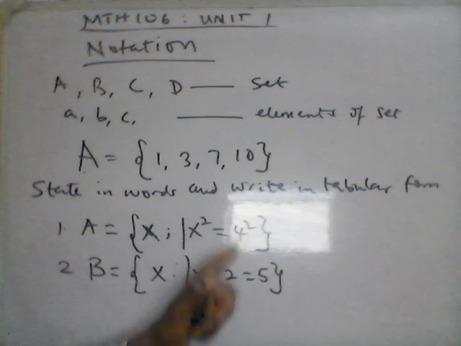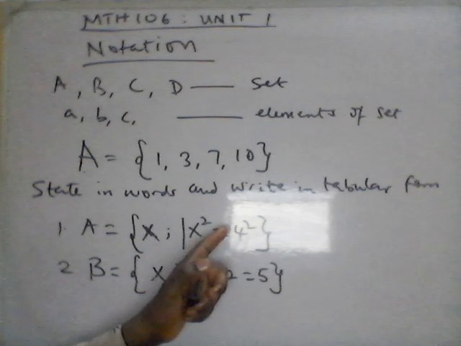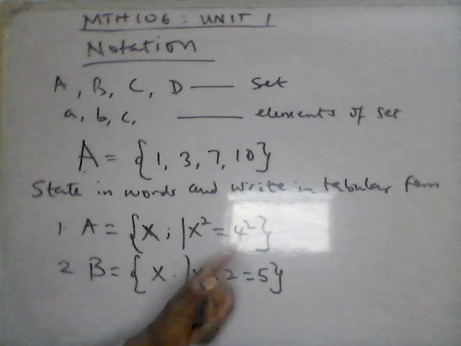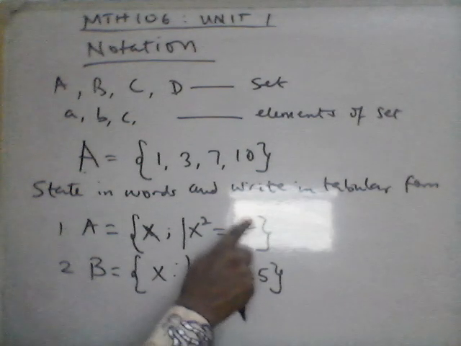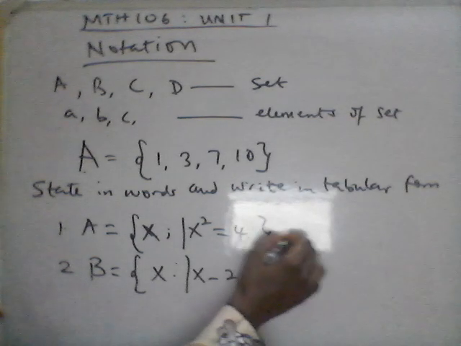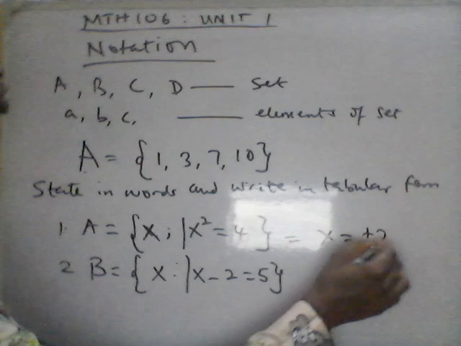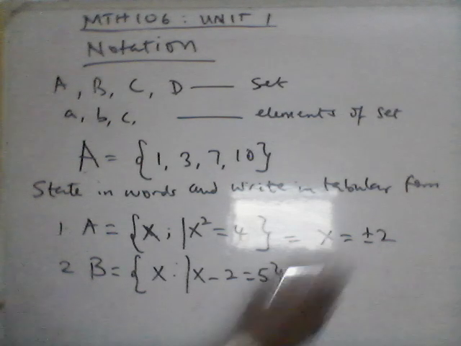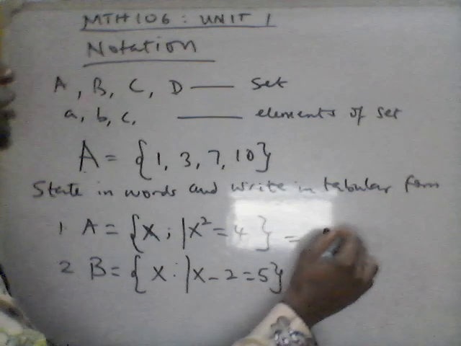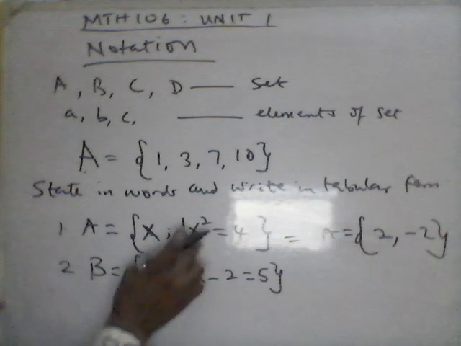The only number this can give is where X is equal to plus or minus 2. Or I will come here and say A is equal to 2 and minus 2. Close the bracket. That's what this can give.